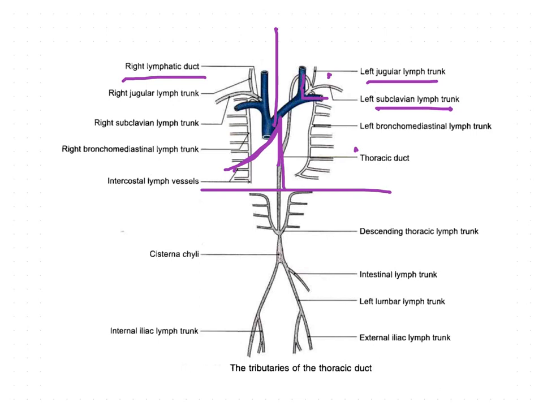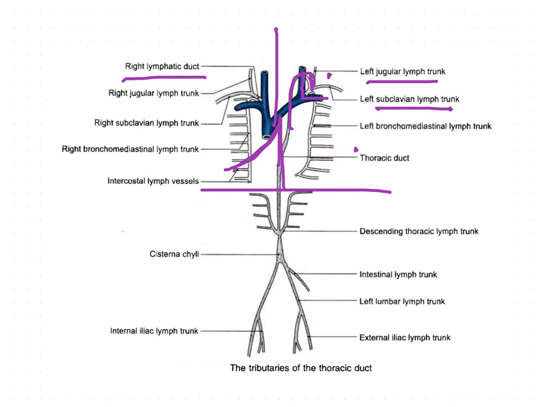So the left mediastinal trunk drains lymph from the left half of the thorax. Usually it ends in the left brachiocephalic vein, but may end in the thoracic duct. So it may drain into the left brachiocephalic vein, but finally all the lymph is going to end up in the thoracic duct.